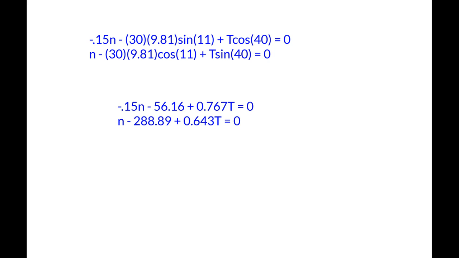Now we need to solve, and again we see, as I pointed out before, that we have two unknowns, this n and this t. And the t is what we actually want to solve for, so we'd like to get rid of that n. As you probably remember from math class, there are several ways to solve a system of equations. In this particular case, with these particular numbers, I'm going to choose to use the elimination method.